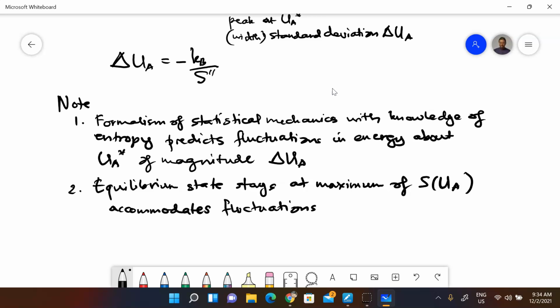Now this we have to understand in the context where the equilibrium state has no change in the macroscopic variables at that particular point; in that equilibrium state, you're not supposed to see any change.